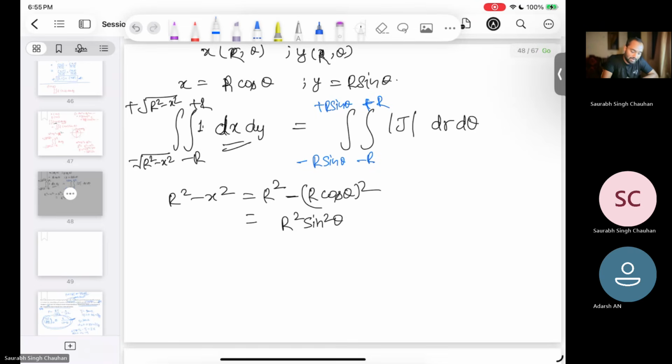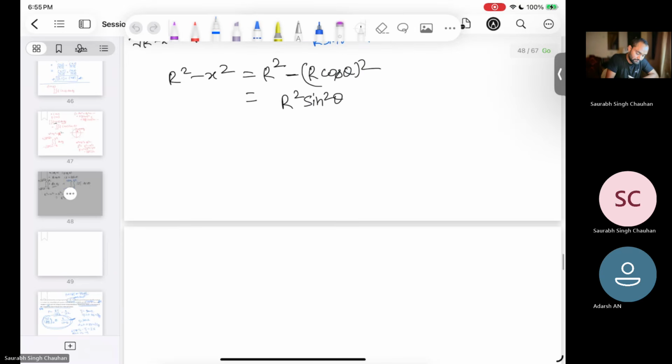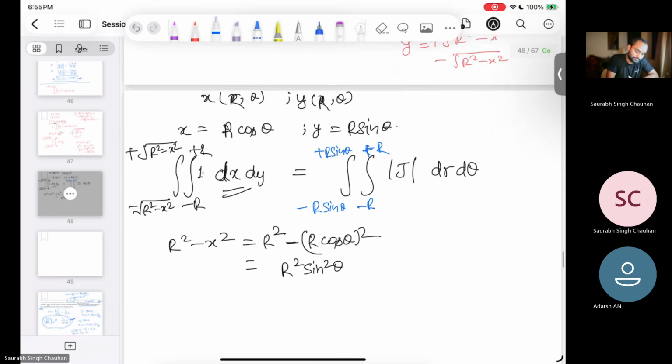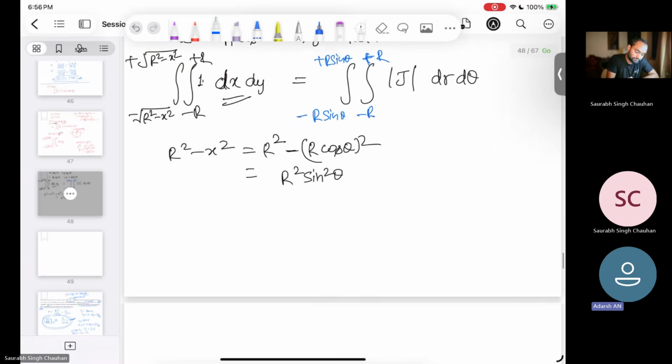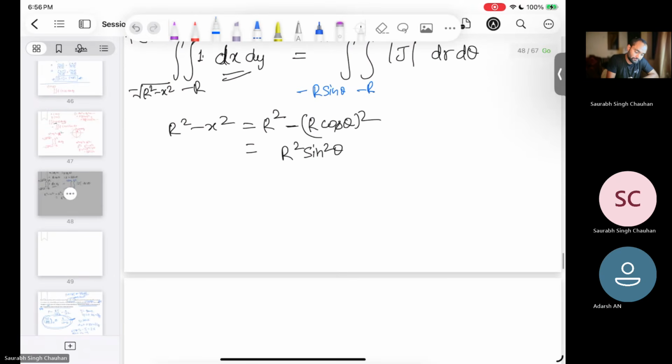Now what will be the Jacobian of that? Jacobian of x, y with respect to r and theta. Very easy. x is R cos theta. So the partial derivative of x with respect to r will be only cos theta.